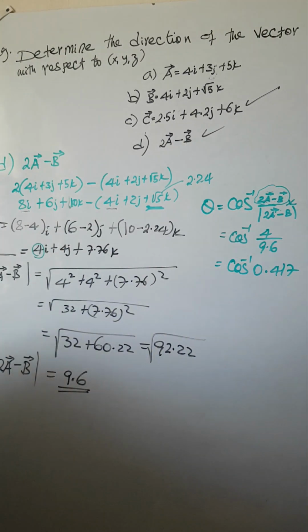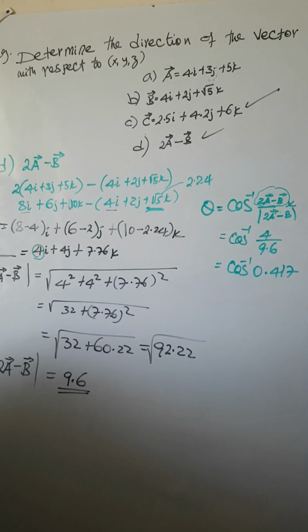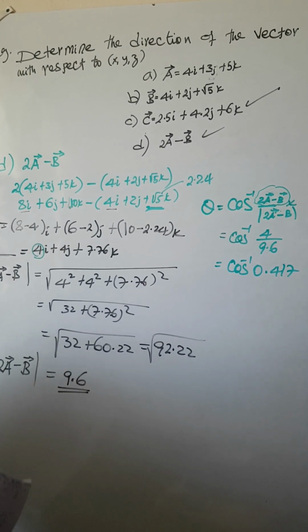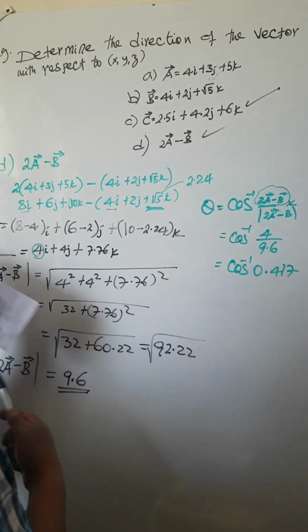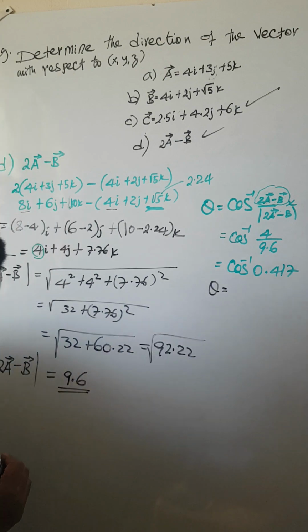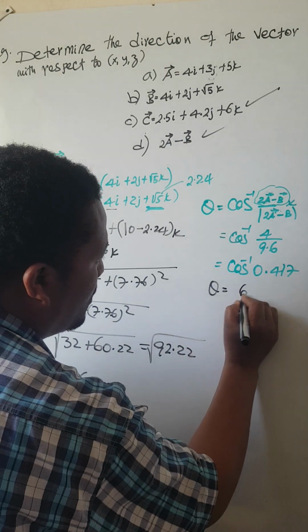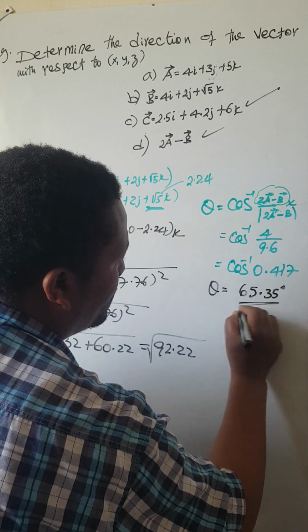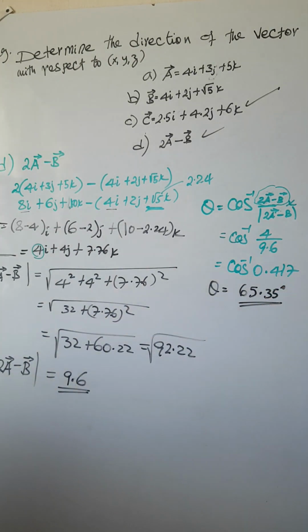Let's see what the result will be. Shift cos 0.417. Now theta is equal to 65.35 degrees. This is the angle this vector makes with the x-axis.